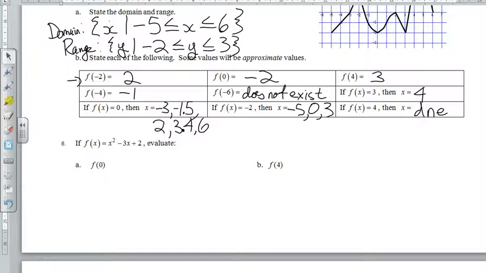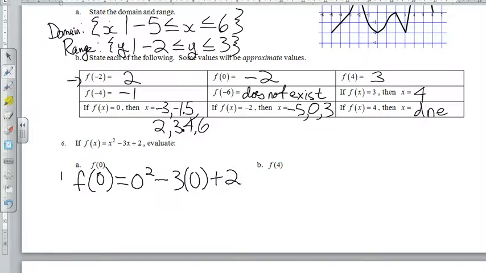So what do we write for f of 0? F of 0 equals 0 squared minus 3 times 0 plus 2. A function definition is a rule.